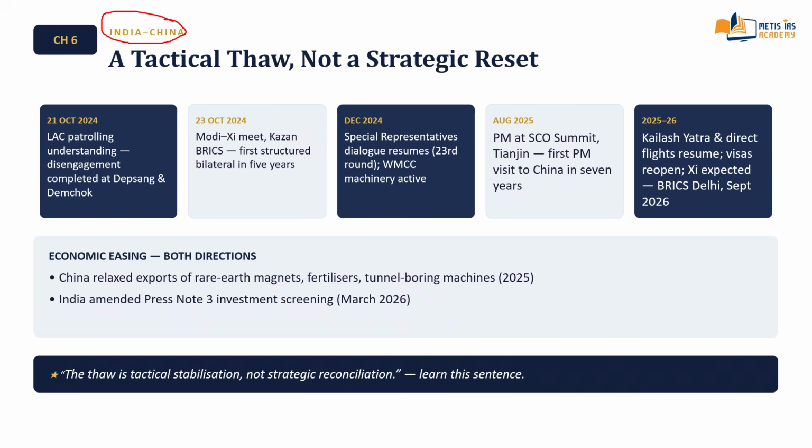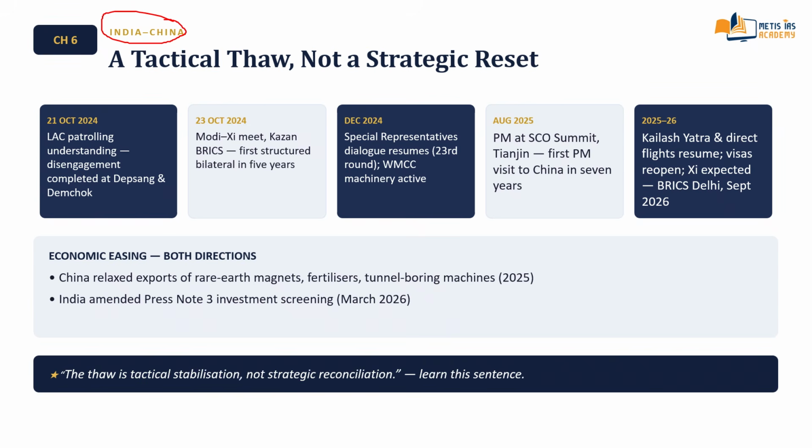This is because India and China are two major Asian powers, two large economies, two nuclear armed neighbors, and two influential participants in global governance. Their relationship therefore has implications not only for Asia but also for the international system.